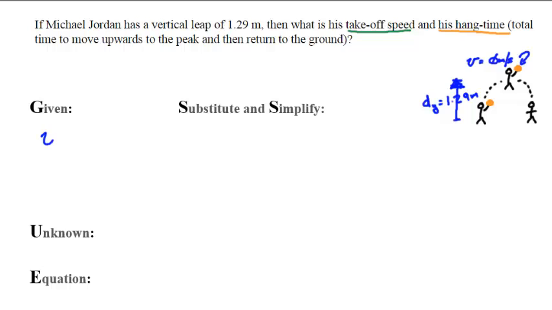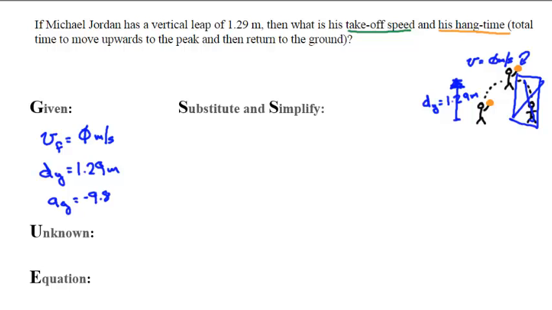I know that my velocity final at the very tippy top, because I'm going to ignore this section, equals 0 meters per second. I know that my displacement in the y-axis is 1.29 meters, and I know that the acceleration due to gravity equals negative 9.8 meters per second squared. The thing that I'm looking for is velocity initial, how fast he leaves the ground. And I'm going to use meters per second.